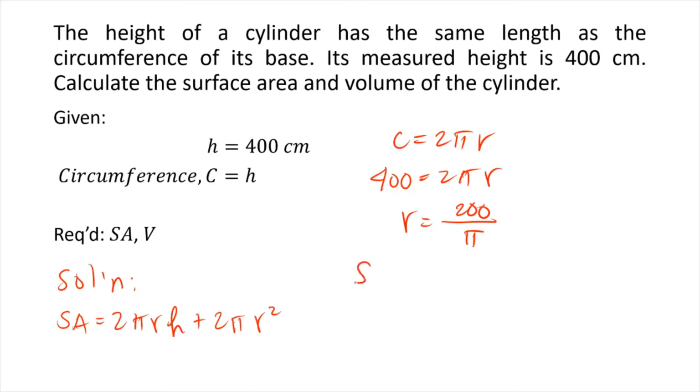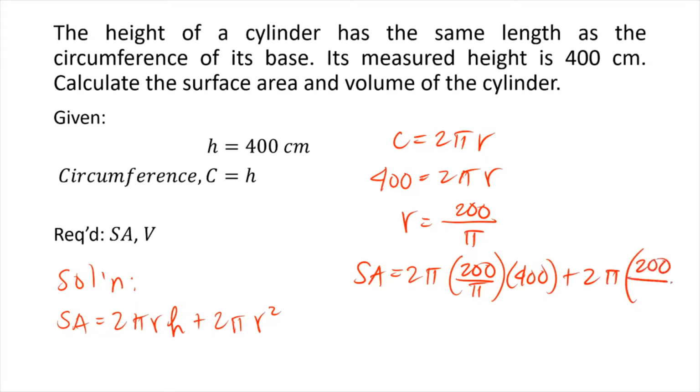We can now solve for the surface area. 2 pi r, where r is 200 over pi, times the height, which is 400 centimeters, plus 2 pi r squared. Again, r is equal to 200 over pi.